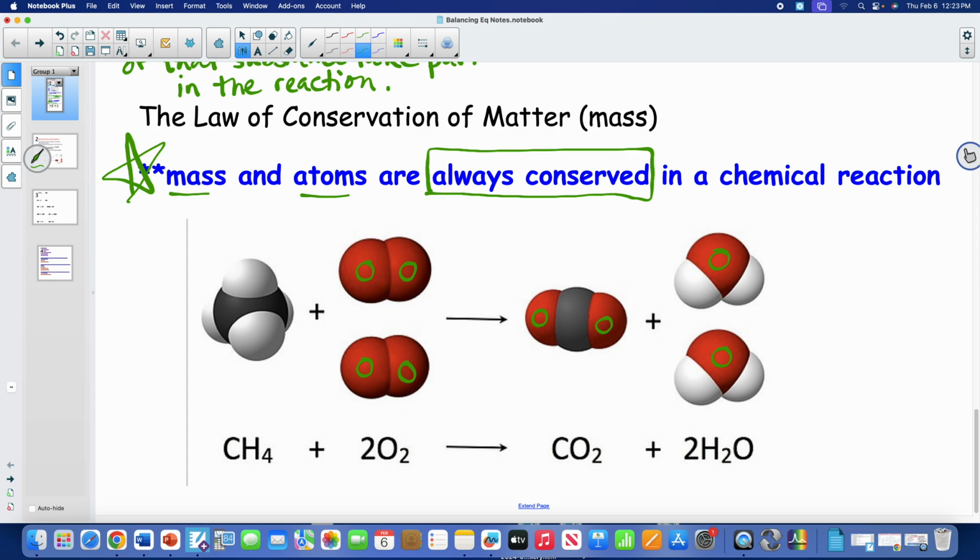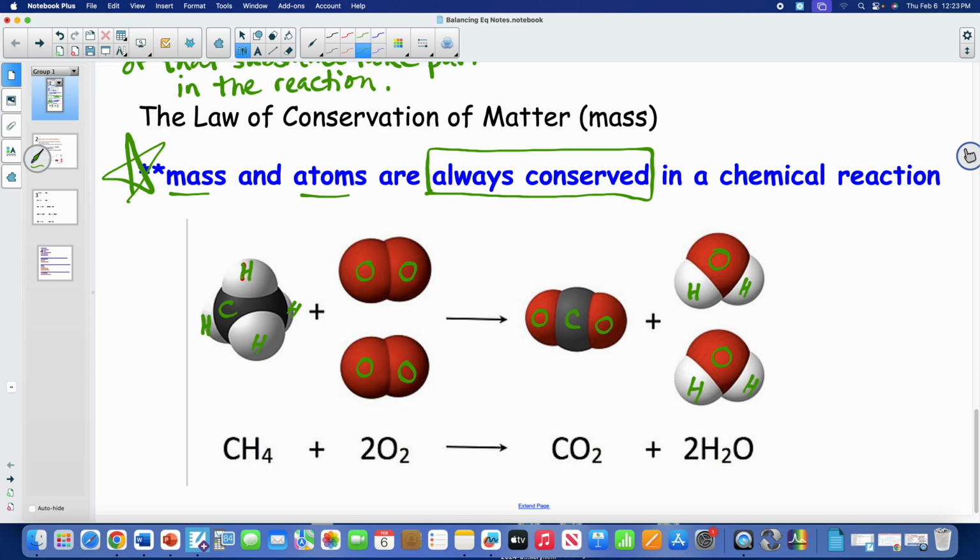So here I have 4 hydrogens. Do I see 4 hydrogens on the other side? No. 1, 2, 3, 4. Okay. 1 carbon. Do you see it on the other side? Right.